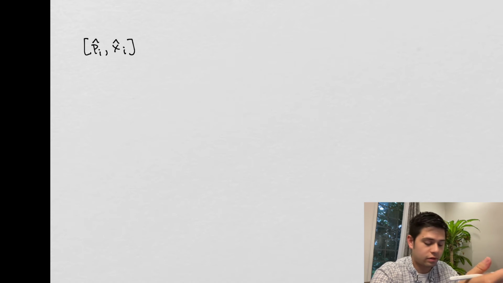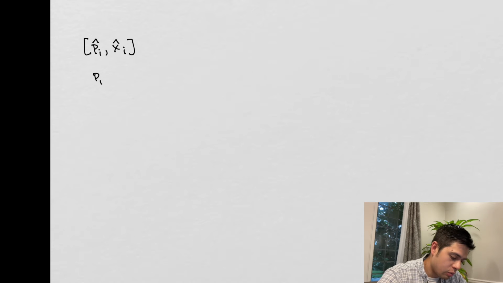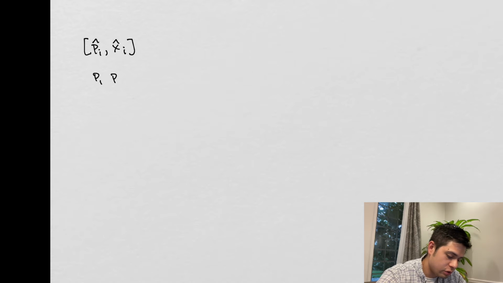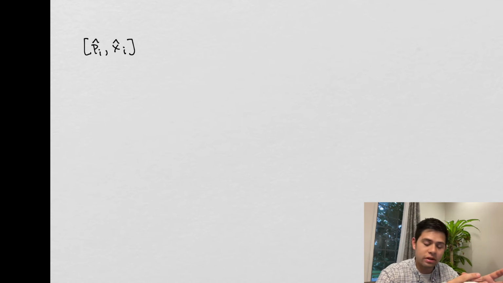P1, for example, refers to the momentum of one of the objects, P2, the momentum of another of the objects within this overall system, right? So we're looking at a system of particles that all have their own momenta and they all have their own position.